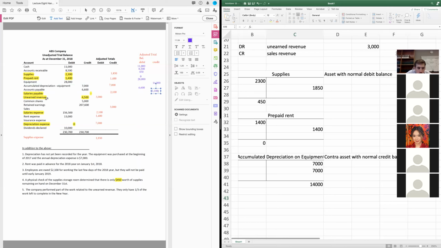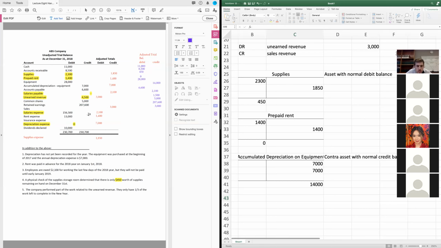Credit, right? My unearned revenue is credit 1,500, right? My common shares still 5,000. My retained earnings here is still 207,600. And my sales is 3,000. My salary expenses, now it's a debit, right?